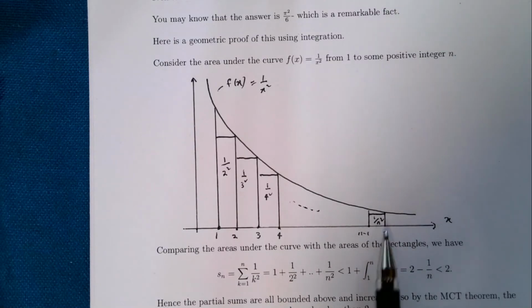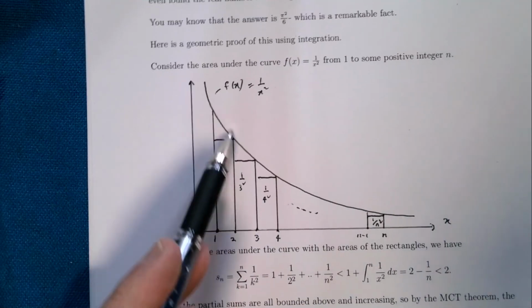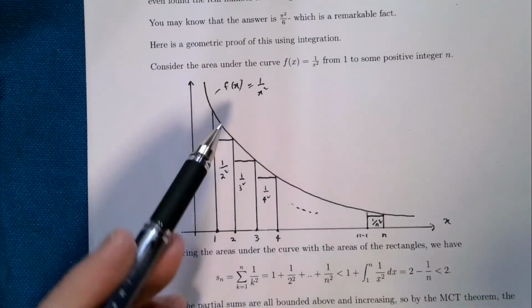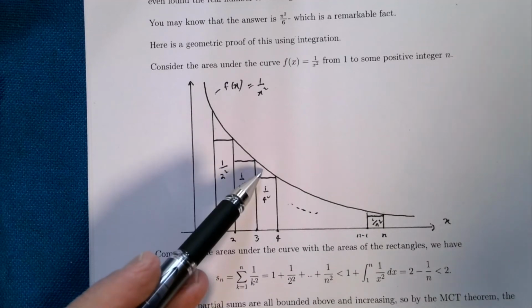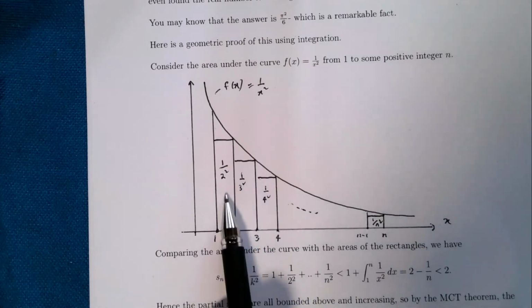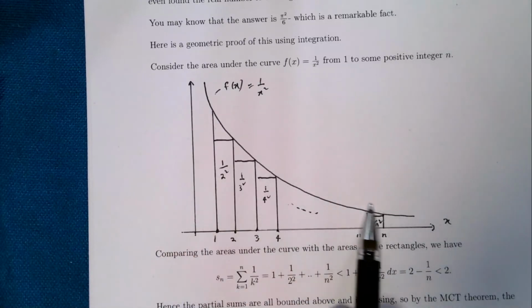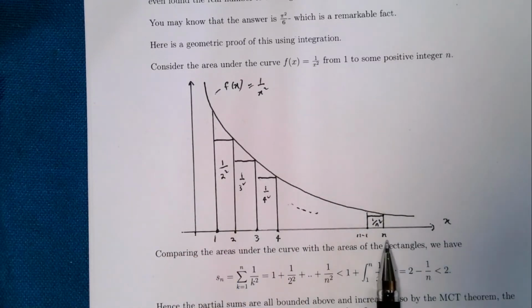Now you'll notice that these rectangles approximate the area under the curve, because there are little gaps here. So if I add up this area plus this area plus this area up to here, then that's going to be less than the area under the curve from 1 up to n.